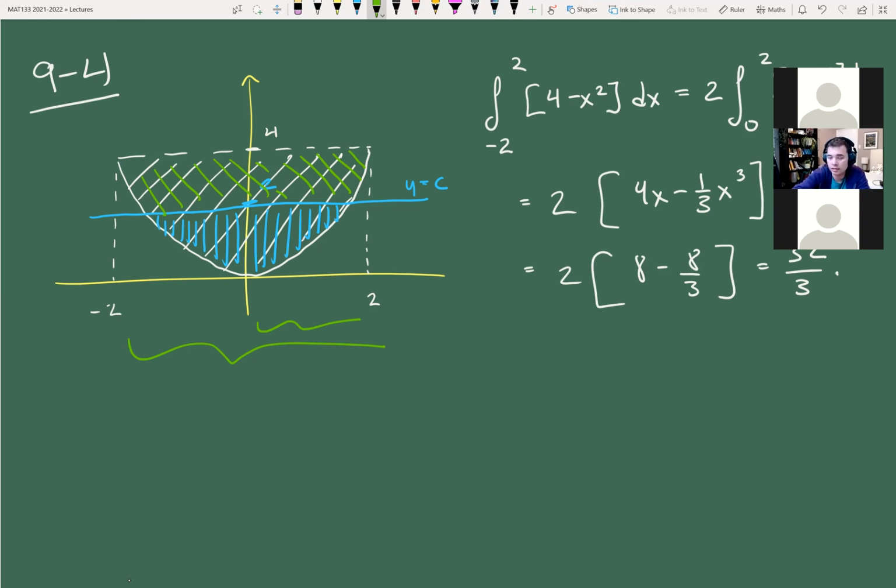I can just look at this and say, if I compute the area from 0 to 2 and then double it, that's the whole area. Okay, so we want the blue area or the green area to be 16/3. Turns out way easier to compute the blue area. So let's compute the blue area. So the first thing that we have to do is say, oh, okay, where are we integrating from? So what are these 2 points here?